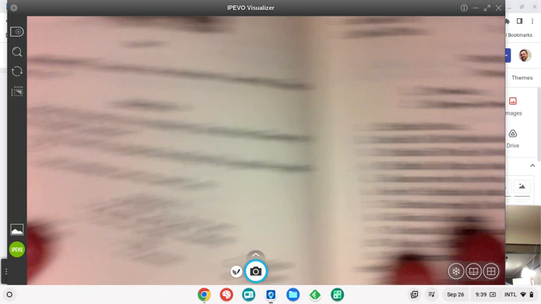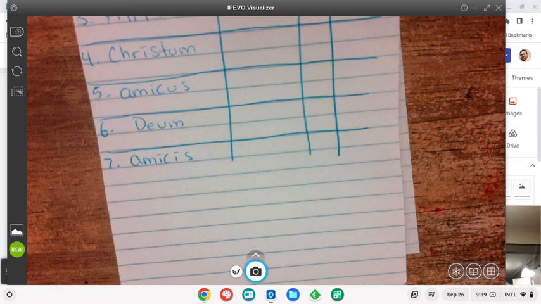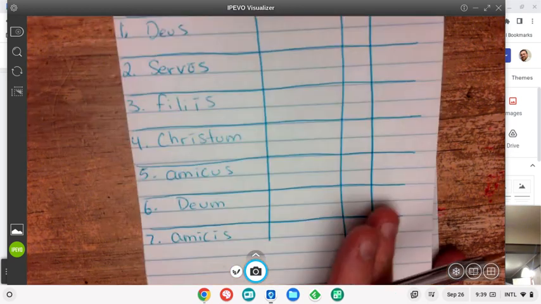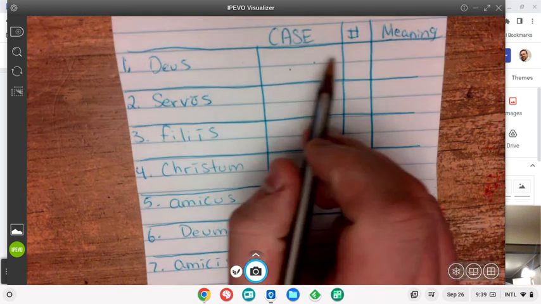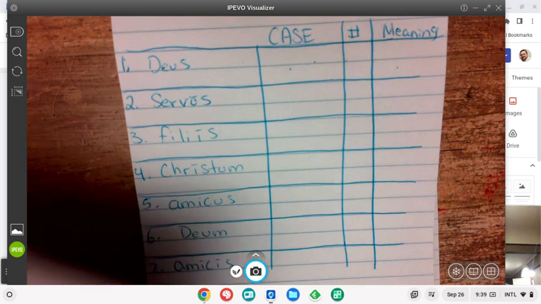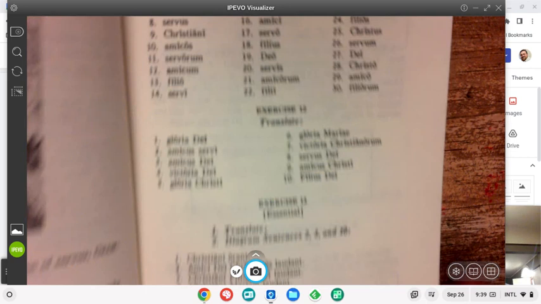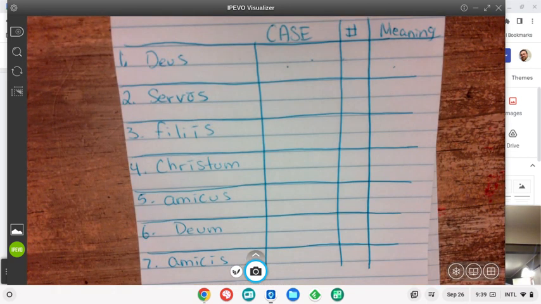So deus, and just like the one exercise that you had as part of the first declension, you're going to tell the case, the number, and the meaning of those words. And so when you have this as an exercise, you'll have all the way through 30, but I'm going to do the first 6 or maybe a few more with you right here in this video.